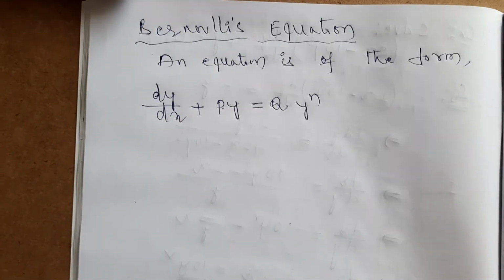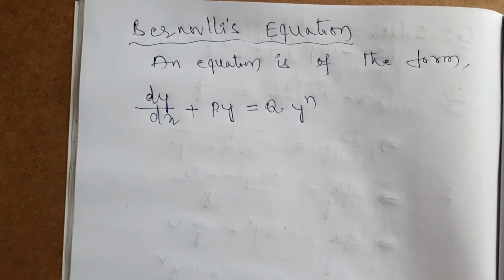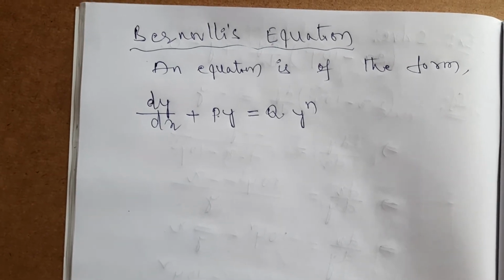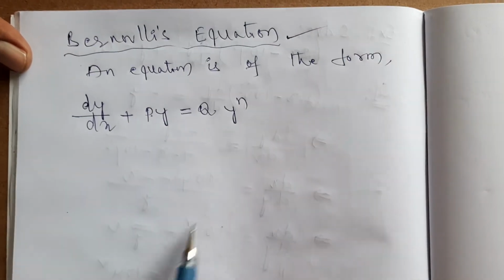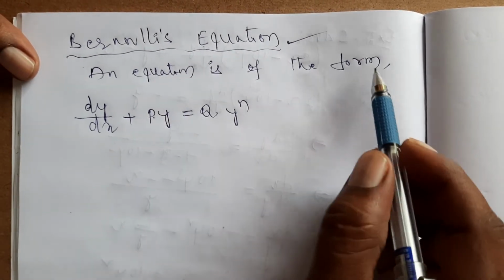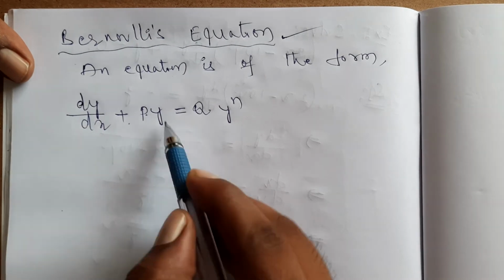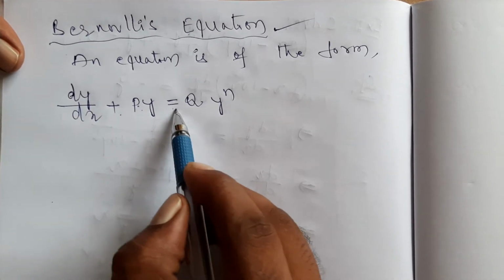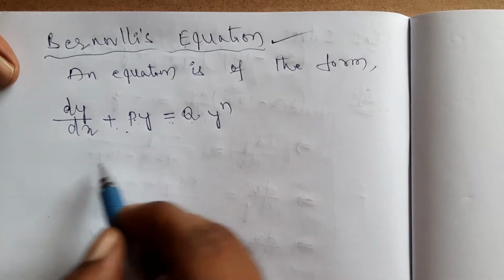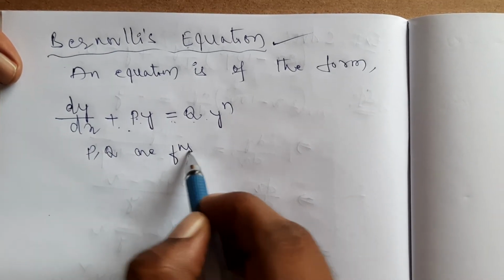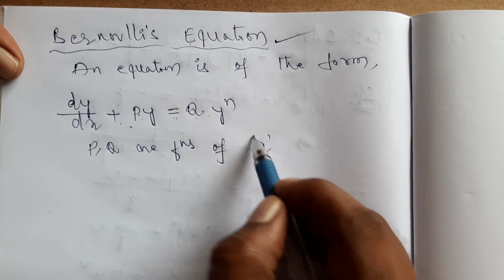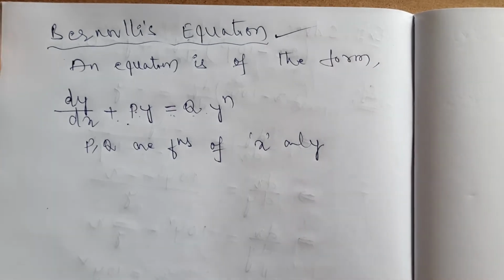They will give it like this. Okay, listen, this is the form. Bernoulli's differential equation: an equation of the form dy by dx plus p of x into y equal to q of x into y power n. Here p, q are functions of x only.